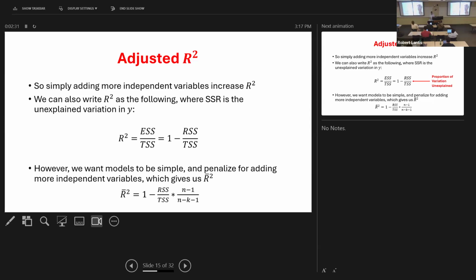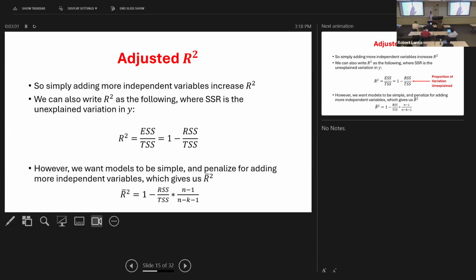I said that is 1 minus the proportion that I can't explain, which would be the same as the proportion that I can explain. Well, if we scale this up, it's n minus 1 over n minus k. Now, for us right now, k doesn't matter because it's the number of variables we're putting on the right-hand side. We've only used 1 up to this point, so for us right now, k is just 1.